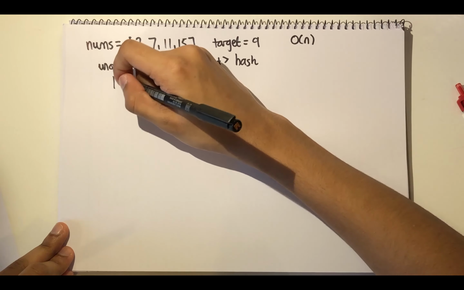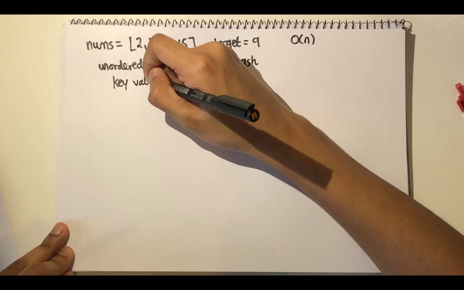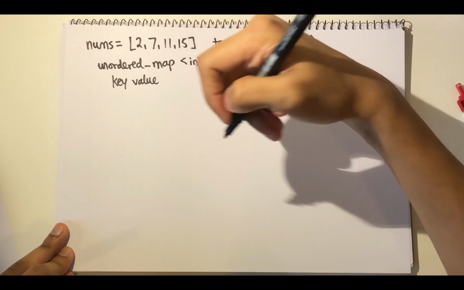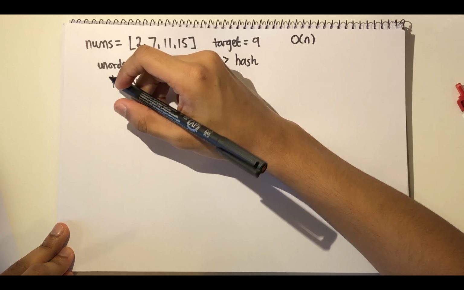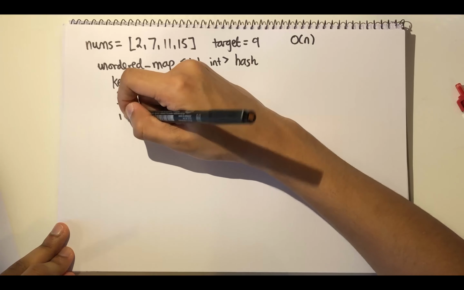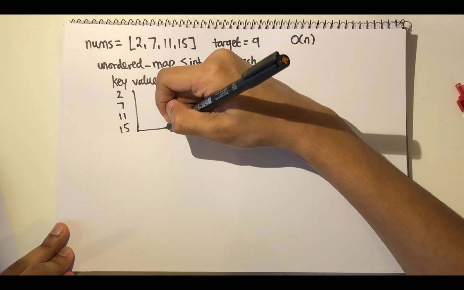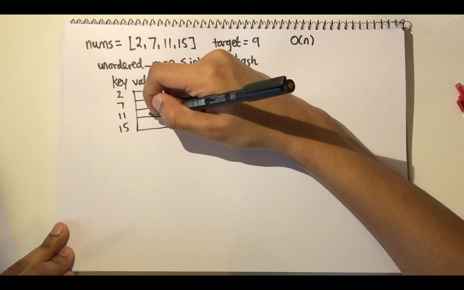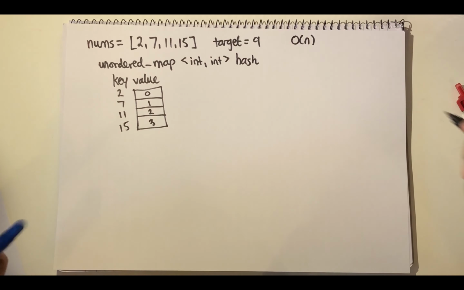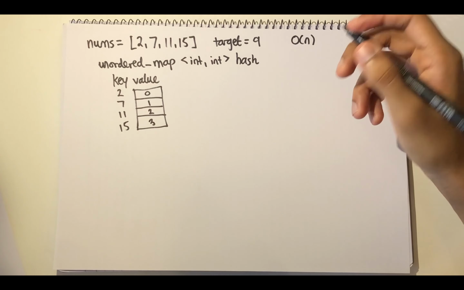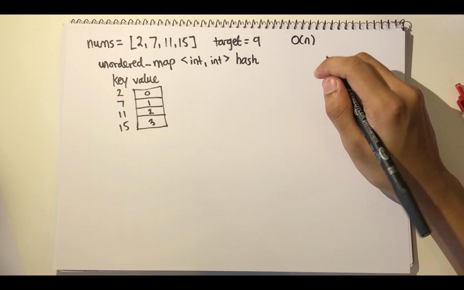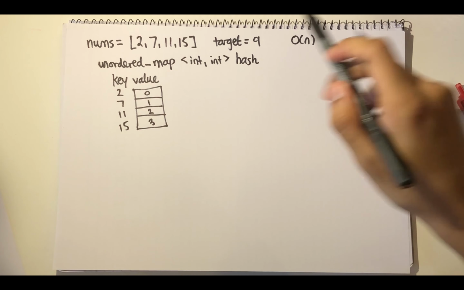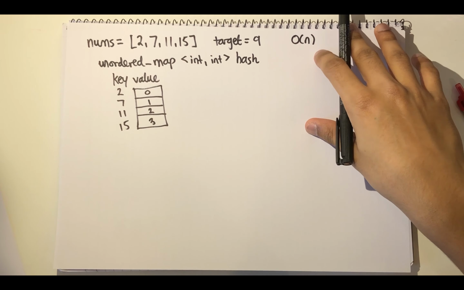So how our keys and values are going to look in this map is our keys are actually going to be the values in the array we've been given, 2, 7, 11, and 15, and our values are going to be the indices. The reason being is that if you notice, the return type is actually a vector of 2 integers, which will be the indices that add up to the target 9.